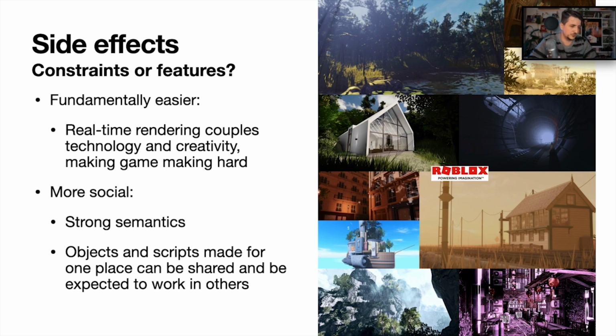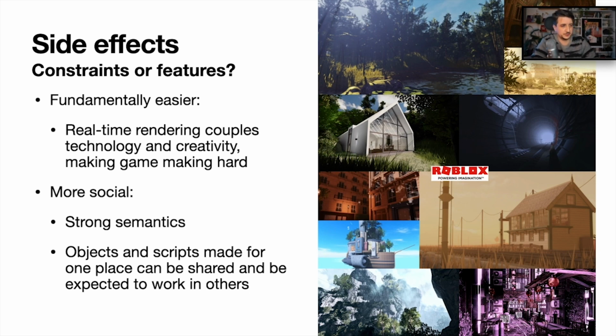It also makes our creation more social. Because things have their own strong semantics, chances are that if I make a car, and as part of my car model I have a bunch of scripts that control it and maybe some effects and particles, I can package that and share it, and someone else can take it for their game, drop it in, and chances are that it will work, including all the behaviors that it carries.